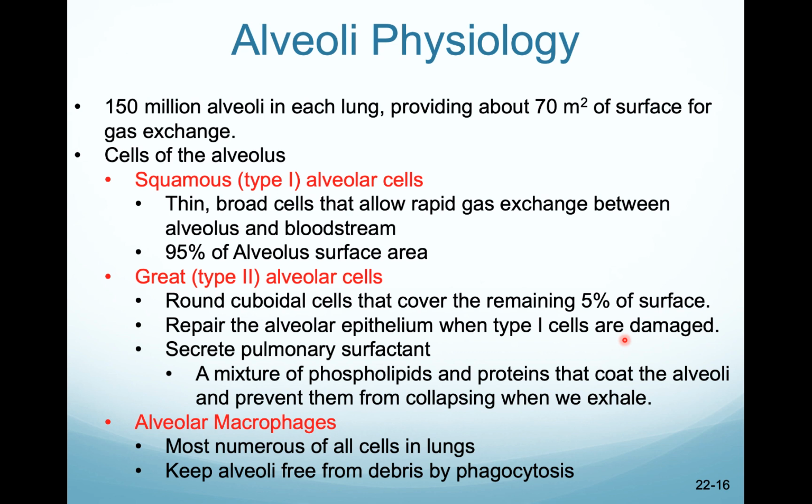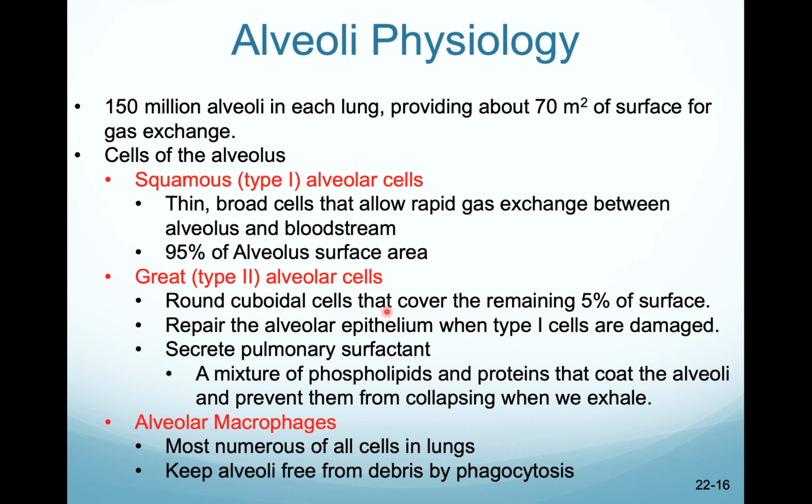So in terms of the physiology of cell function of the alveoli, there are 3 cells that make up alveolar walls. One of them is called a squamous alveolar cell. This is the basic type 1 alveolar cell, that simple squamous one that I told you makes up most of the membrane. And this allows for easy gas exchange and easy diffusion. A second type of cell that you have in the alveoli is called a great alveolar cell or a type 2 alveolar cell. These are not flat.